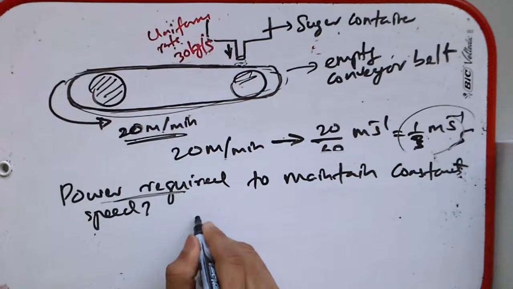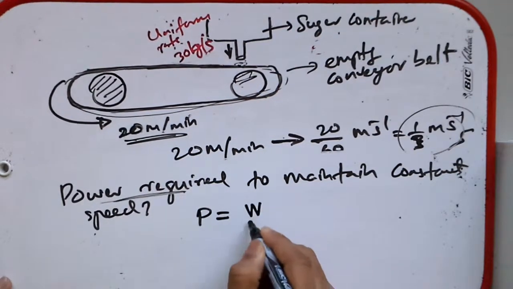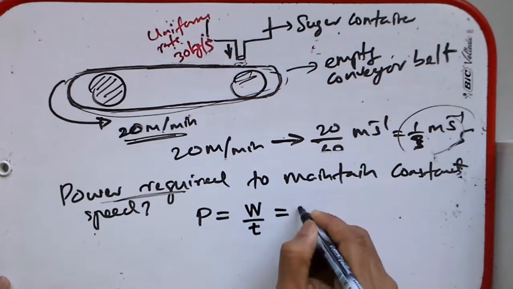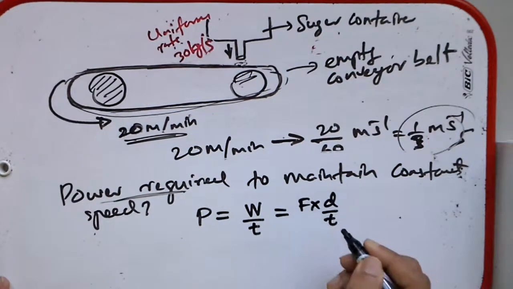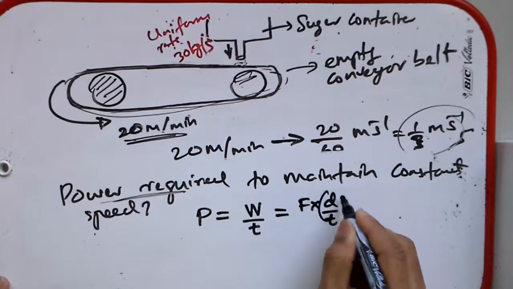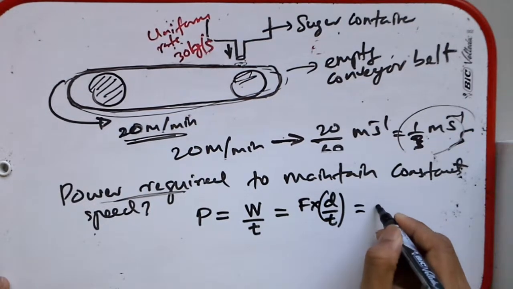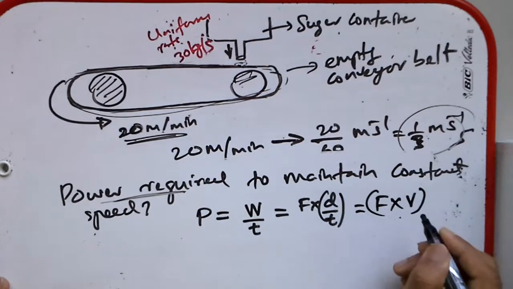How do you write down power? Power is work done by time taken. Work done can be written as force into distance over time taken. What is d by t? Distance over time is velocity, right? So power is simply force into velocity.